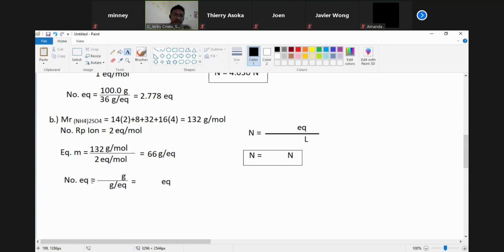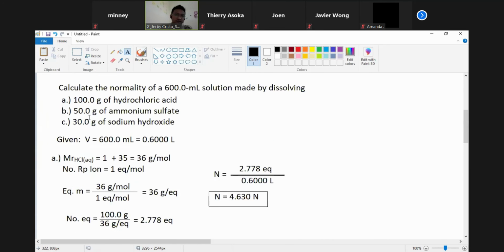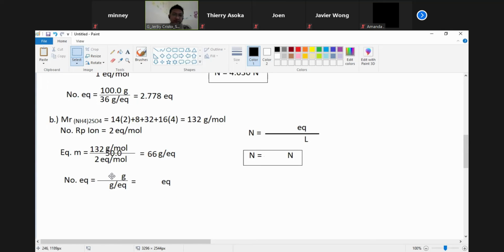Next, get the mass of ammonium sulfate, 50 grams. Then we divide 50 grams by the equivalent mass, 66.